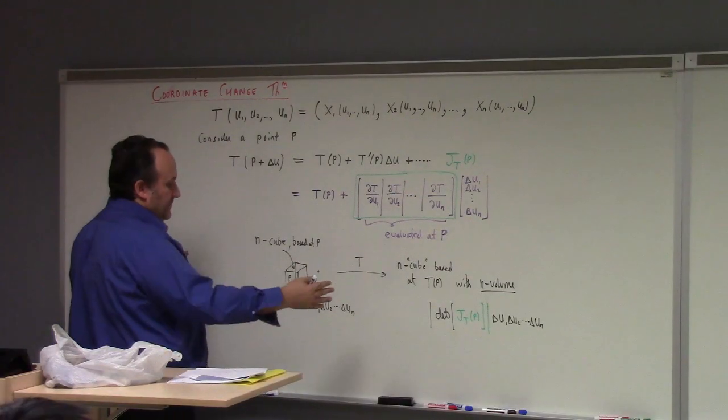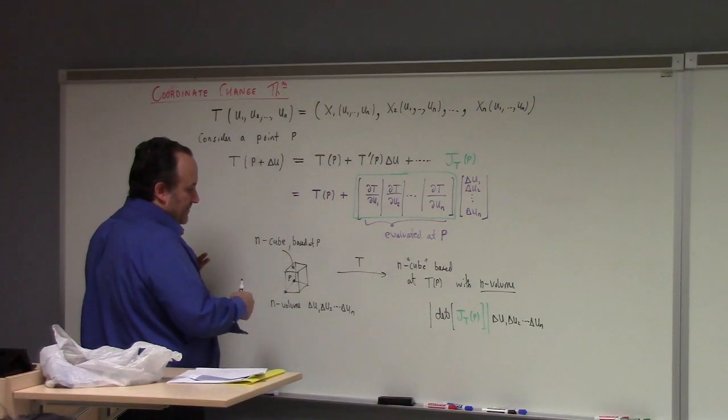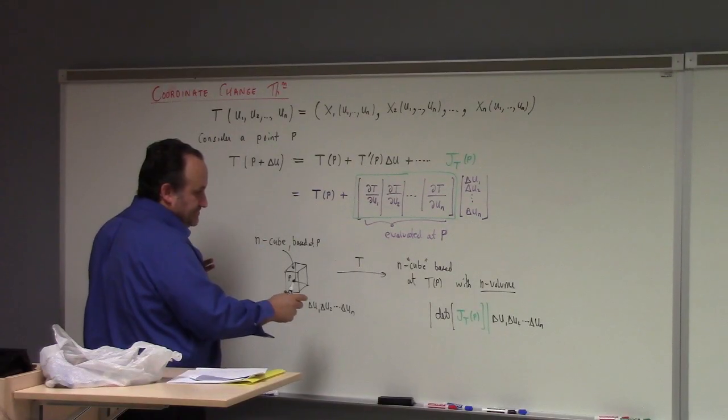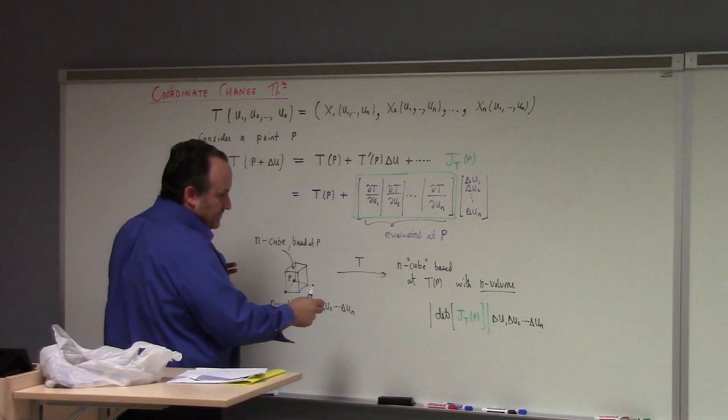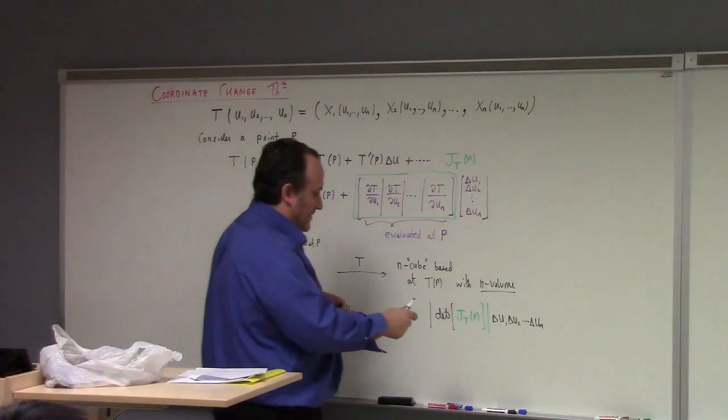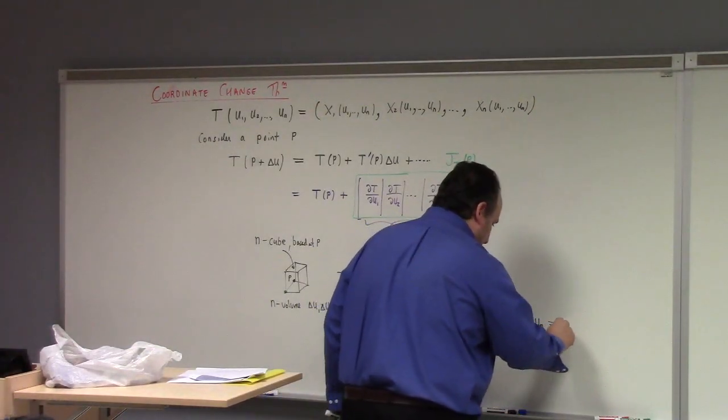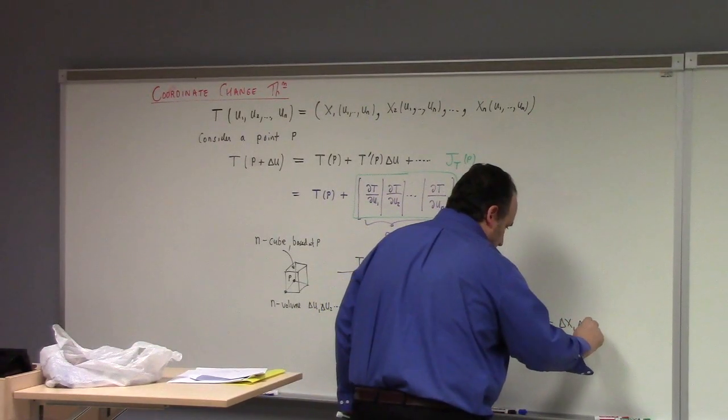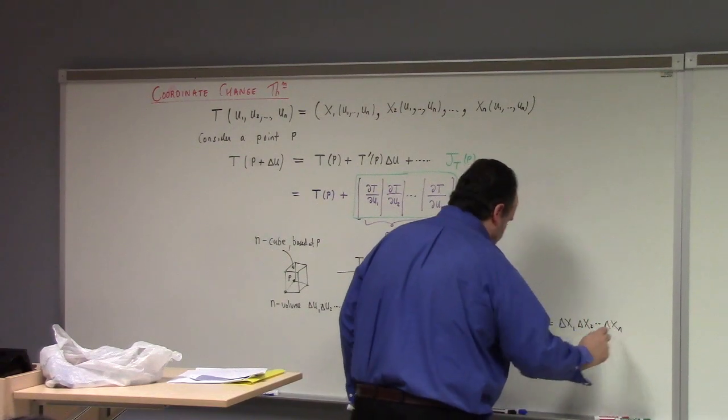Another way to look at this is if we rewrite this, it is equal to delta x1, delta x2, delta xn.